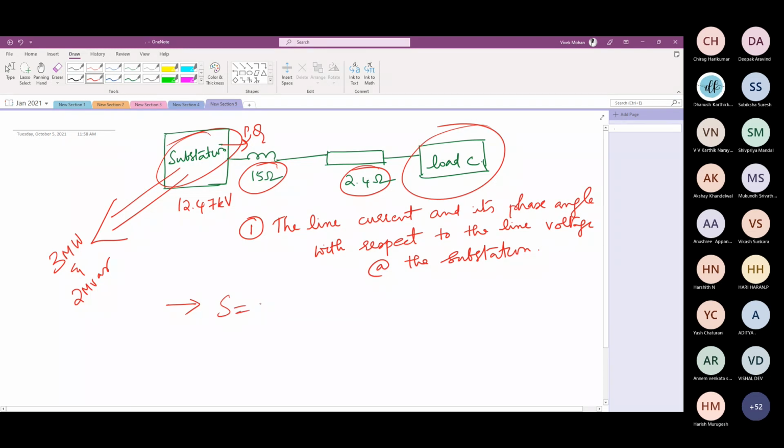S equals root of P squared plus Q squared. Can anybody calculate this? Three squared plus 2 squared, what is the value?